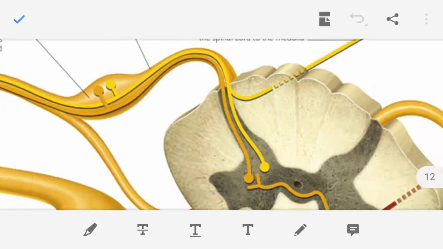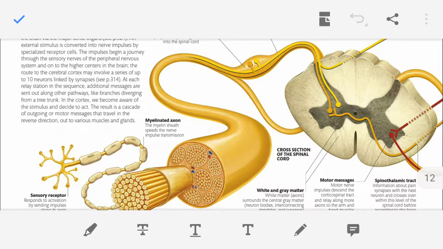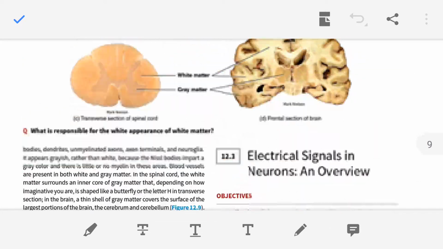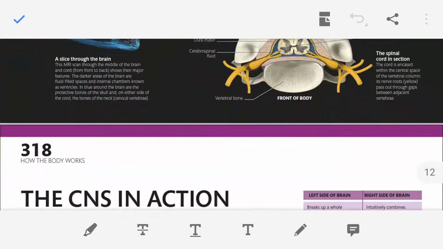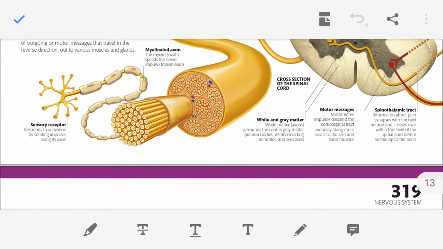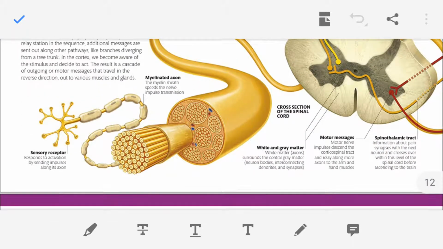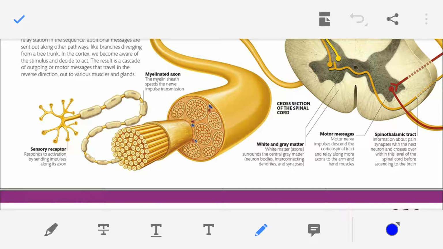Okay, then this dotted line, this tract is the spinothalamic tract.